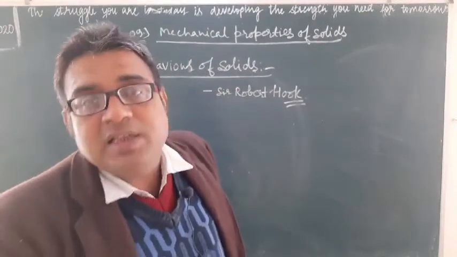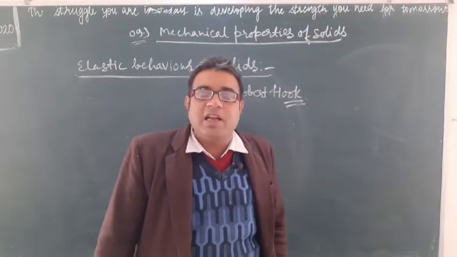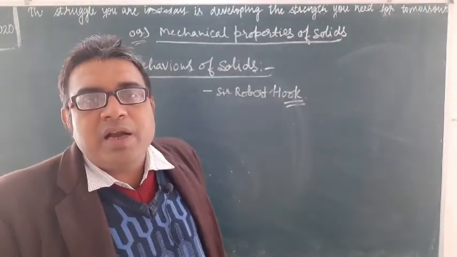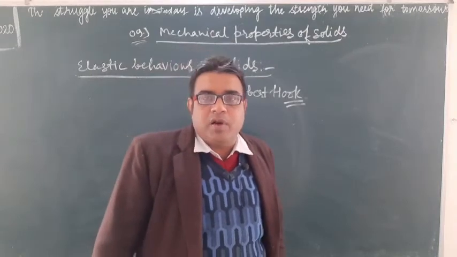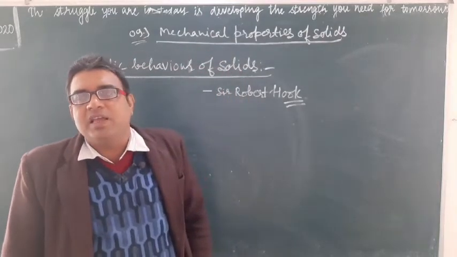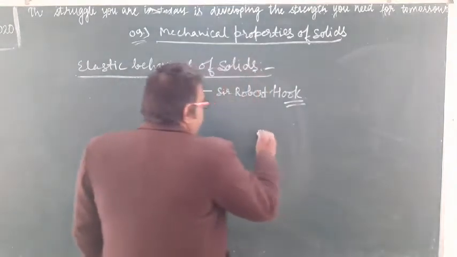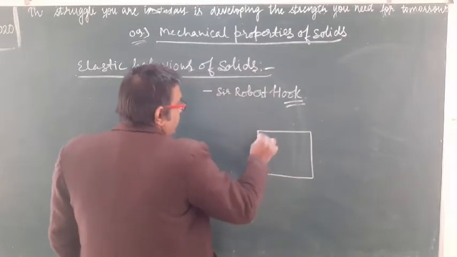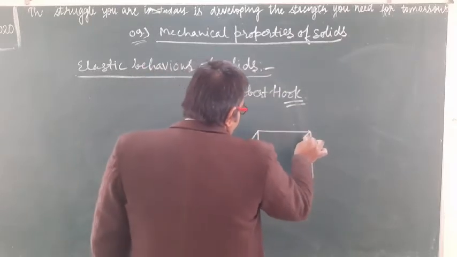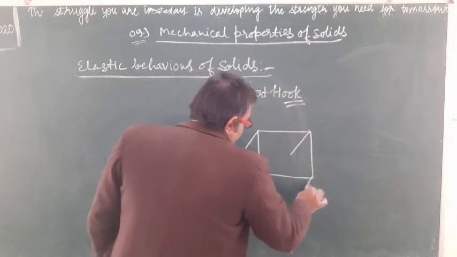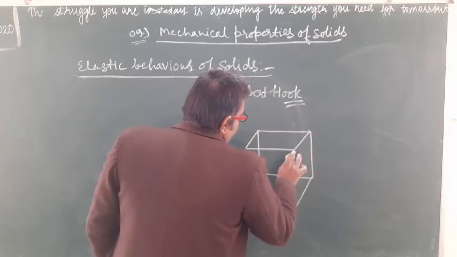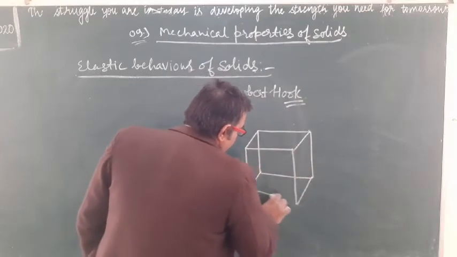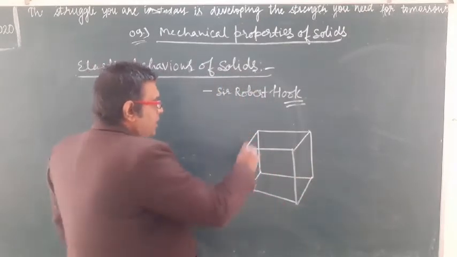After seeing these facts, he concluded that we can suppose a rigid body is made up of a spring ball model. The model of a rigid body is like a spring ball. So he proposed a model of an elastic body, called the spring ball model.